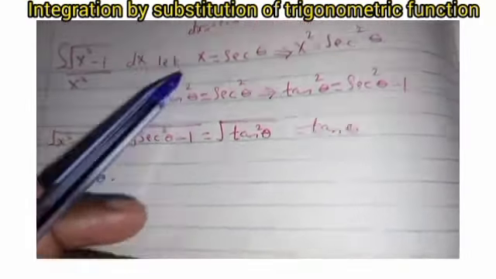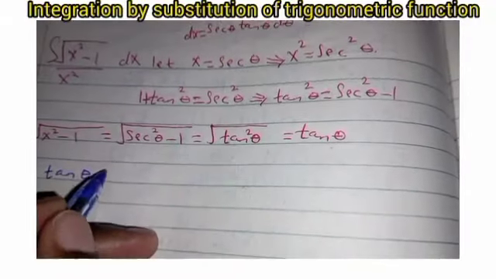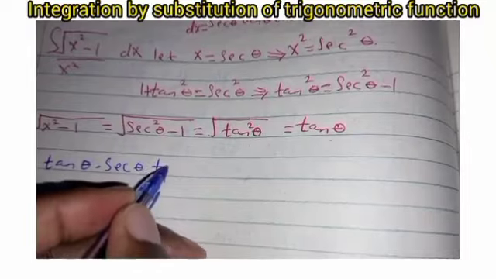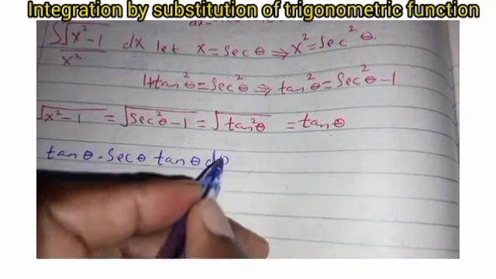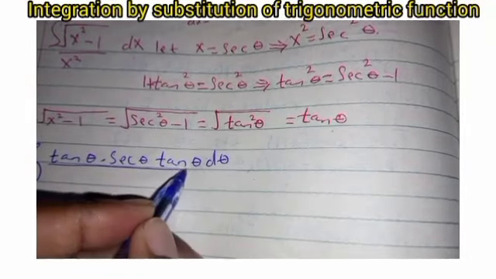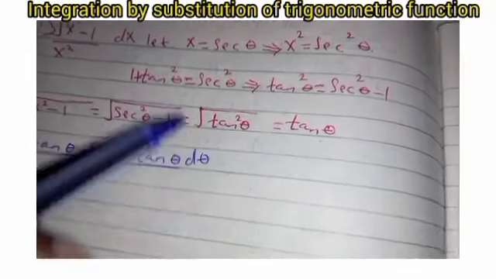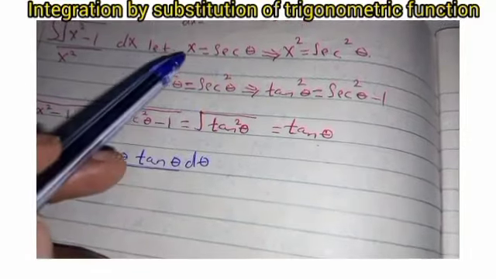multiplied by, instead of dx, we are going to substitute our dx with sec theta tan theta d theta. We divide by our x. We have let our x be equal to sec theta.